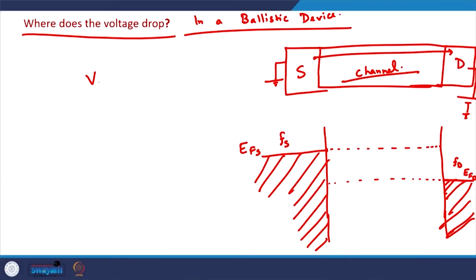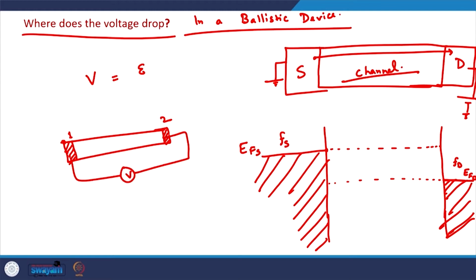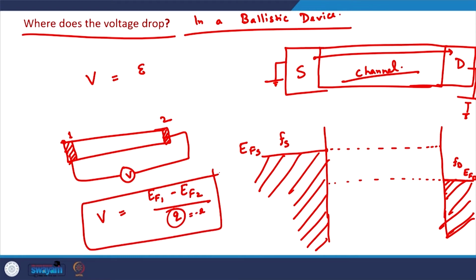So, if this is the conductor and we are measuring voltage between point 1 and point 2 by connecting a voltmeter, this measured voltage will be EF1 minus EF2 divided by Q, the electronic charge, which is essentially minus e. So, the voltage that is measured by an external device is essentially the difference in the Fermi levels.